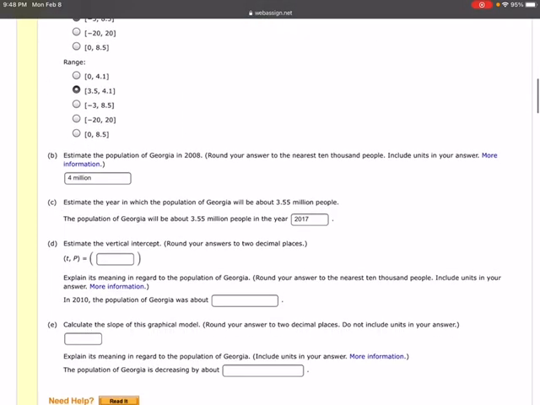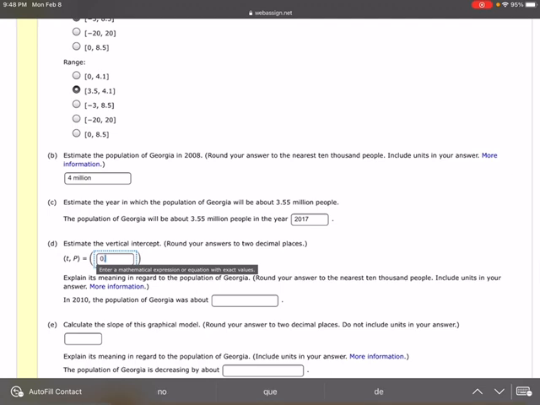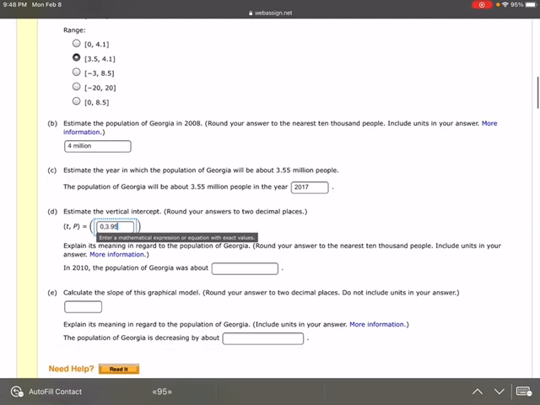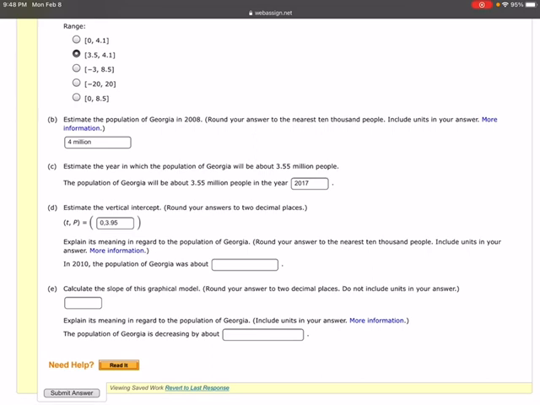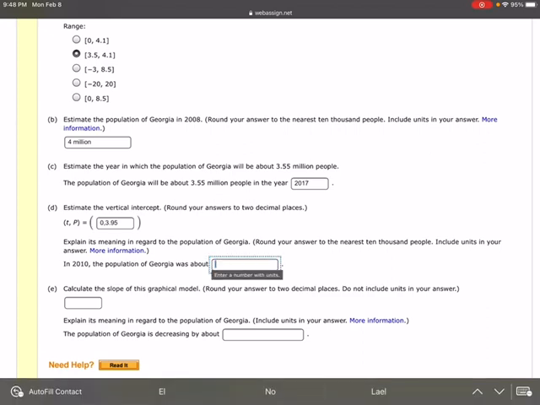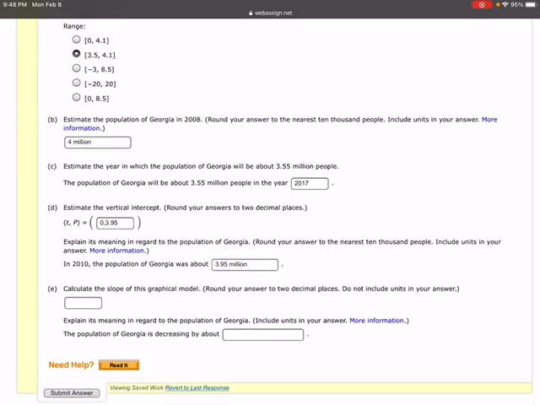What does that represent? What does a 0 represent? 0 is your t, so that means in 2010, the population of Georgia was about 3.95. 3.95 what? Million. Make sure you enter the units.